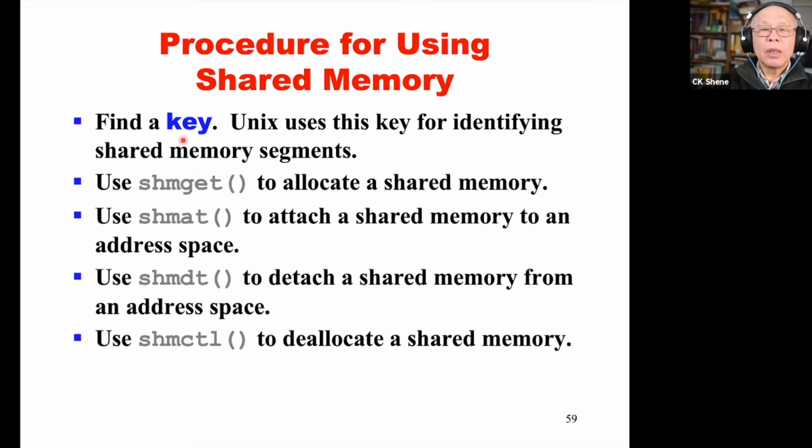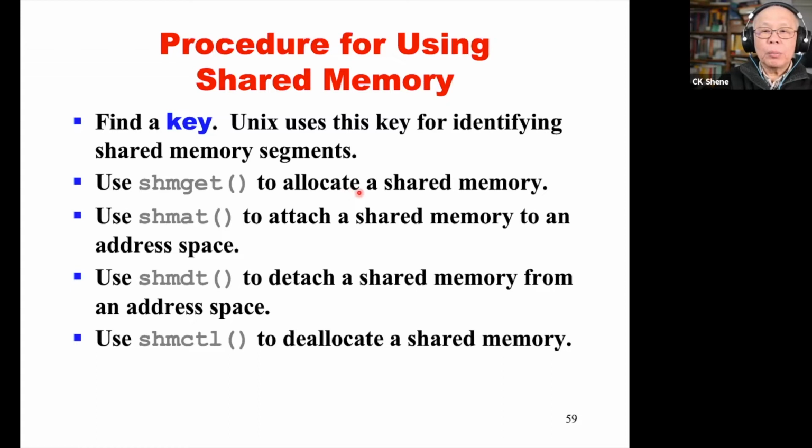Actually, in Unix, many things are identified by keys. And then with that key, we use the system call shared memory get, shmget, to allocate a shared memory.